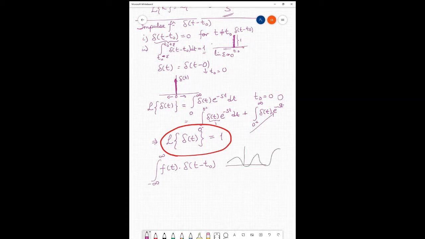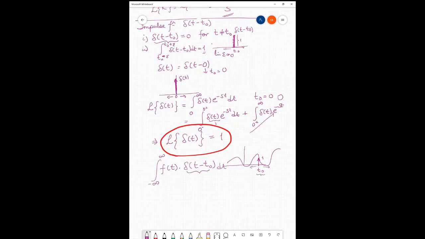That function can be any function, but the Dirac function is defined only at t0. At t0, that integration has a value of 1. We have already seen that.